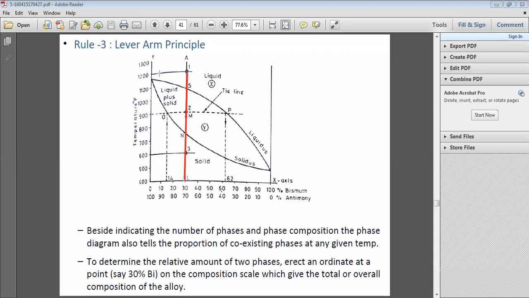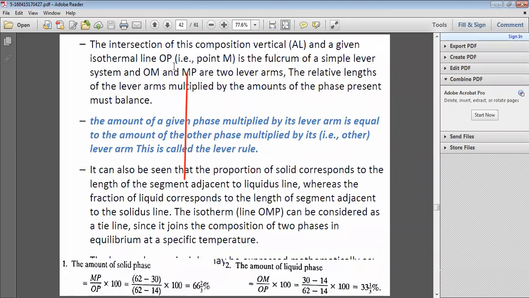Now what it says: the intersection of the composition vertical AL and the given isothermal line OP, that is point M, is the fulcrum of a simple lever system, and OM and MP are two lever arms.